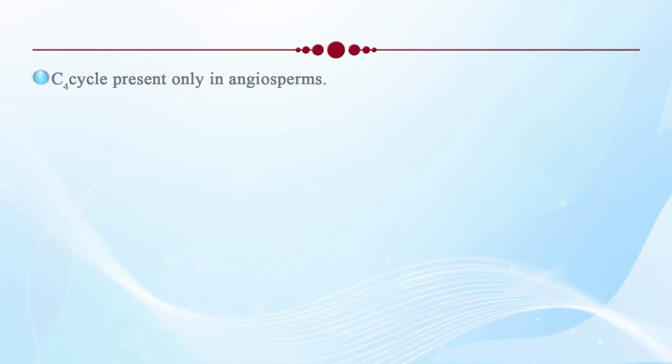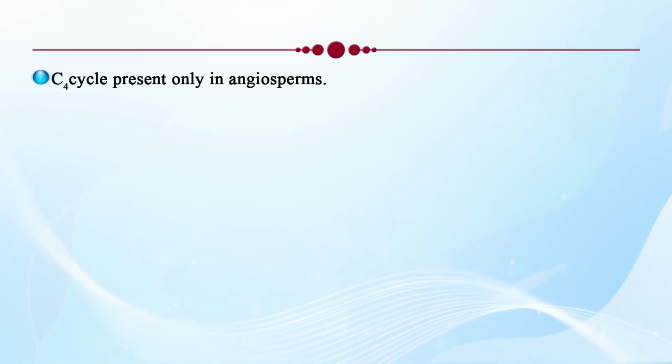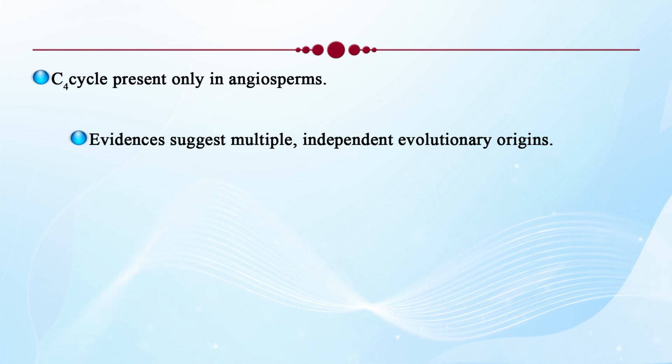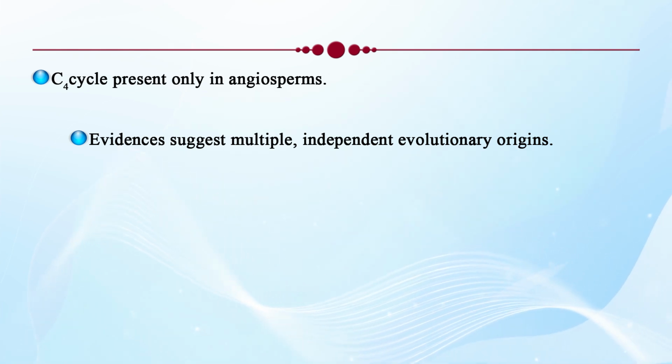We know that the C4 cycle is present only in angiosperms. So, which gives us a very important food for thought, and that is that this evidence would suggest that it would have a multiple independent evolutionary origin.